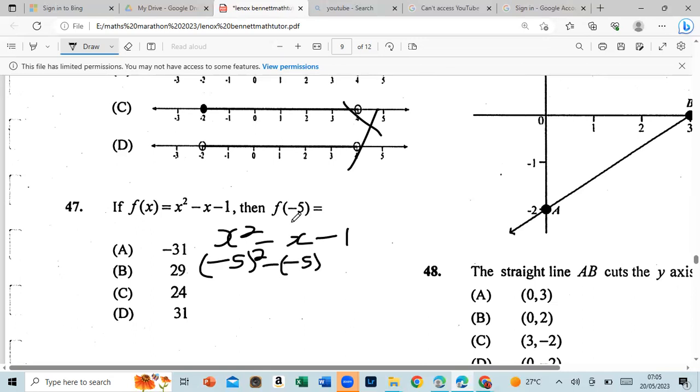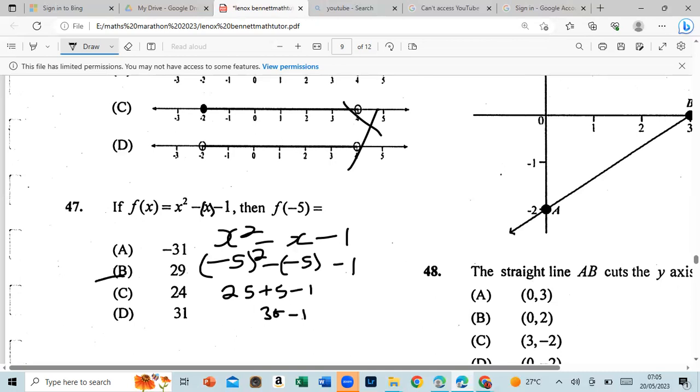We don't see this as minus 5, but remember, there's a minus there, and x in itself is -5. And there we have it. To square this, any number squared is going to be positive. And for this one, negative times a negative is positive. So that's 25 plus 5, which gives us 30, and then minus 1, that's 29.